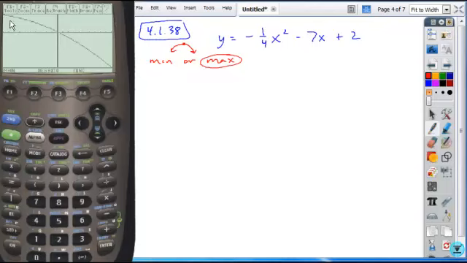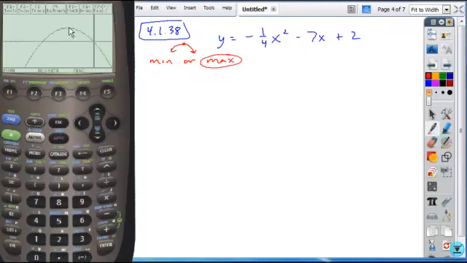Okay, so what now I can do is go into my normal window and I can adjust that a little bit. So I need to go further to the left. So I'm going to go ahead and just do -50 to exaggerate that. And my maximum says 47, but once again, I'm going to exaggerate it and go a little bit beyond that. And so the minimum doesn't really matter because I saw that my graph continues to go down. But if I change my window settings to that, I can now find my vertex.